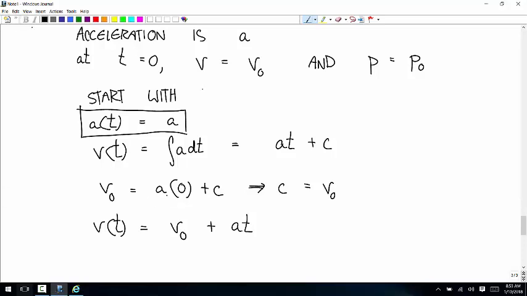Oh, I see. This is not a function. These two are multiplied together because when we took that integral, we got a times t. And so now we're just substituting in at time equals 0. We know this is velocity, we know this is time, and we're calculating c.